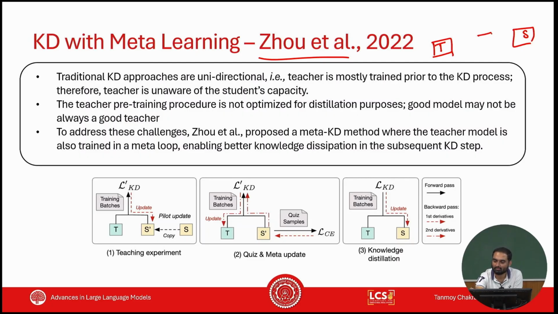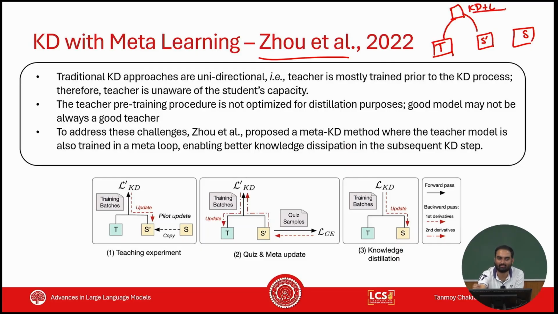So what you do first, you replicate the student model. You have S dash, which is just a replica of S, because I don't want to touch S for the time being. First, you do a simple KD, which means you have a KD loss plus a layer-wise loss if you want.